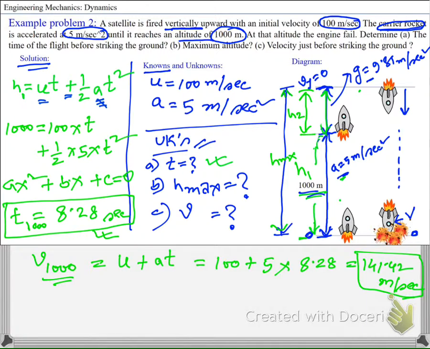So to find this h2, we have to start another equation. Let's move to next page. So we know when we'll be at maximum height, the final velocity in the y direction would be 0.